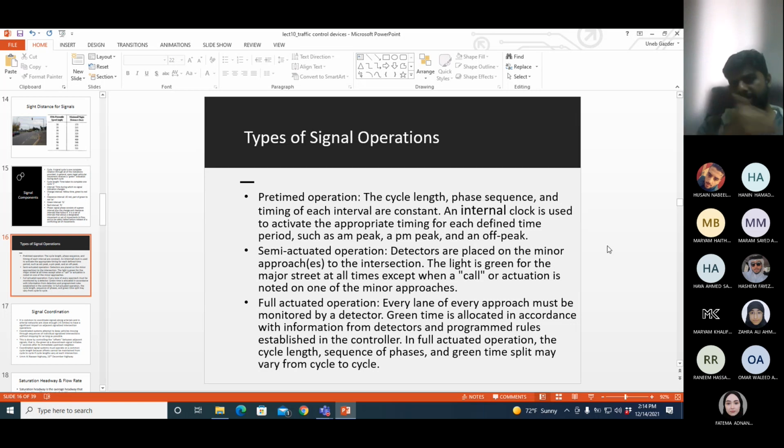Okay, this is the order: east, west, north, south in one cycle. In the next cycle, the sensor on the north side detects more vehicles. Okay, so after east, the north side may receive the next green time, and the west and south will receive it after. Okay, so in a fully actuated signal, depending upon the volume, even the sequence of phasing can change as well.